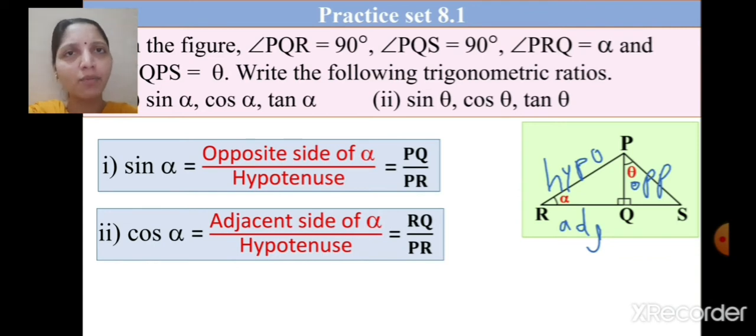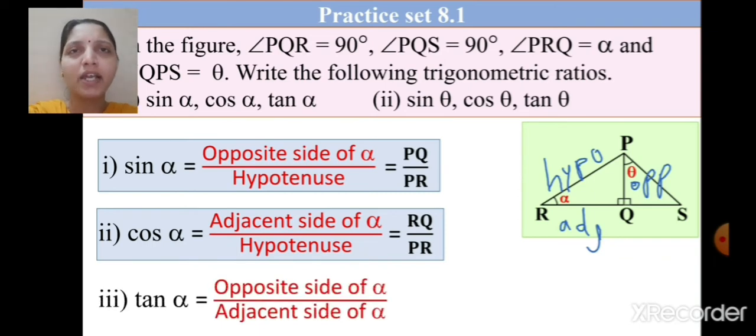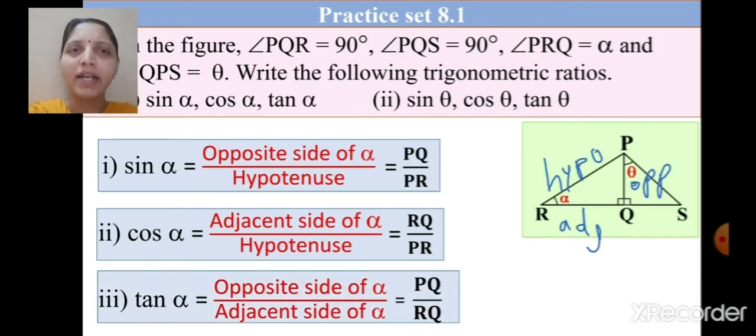What is the formula for tan alpha? Correct, it is opposite side of alpha upon adjacent side of alpha. What is the opposite side? PQ upon RQ. So this will be your tan alpha. I hope you all are understanding this. So one set of ratios we have found.